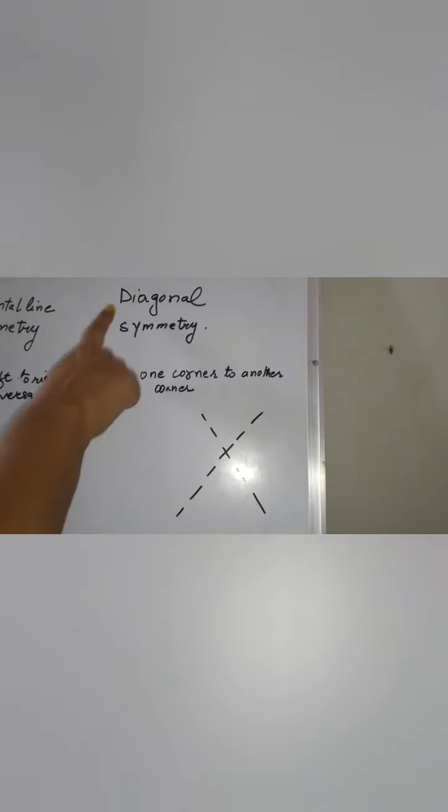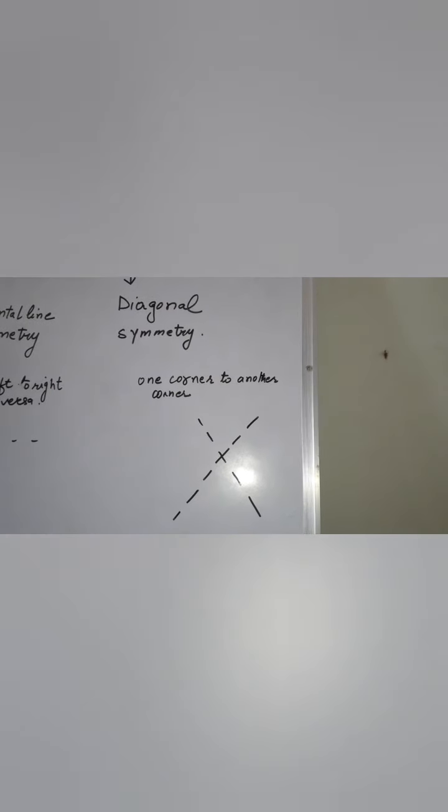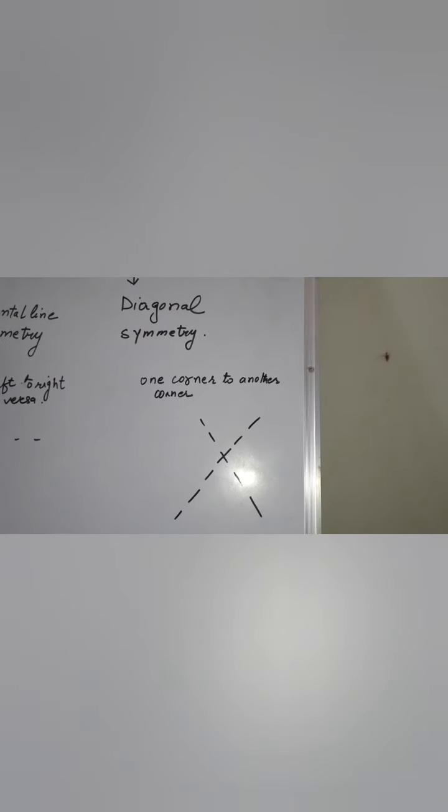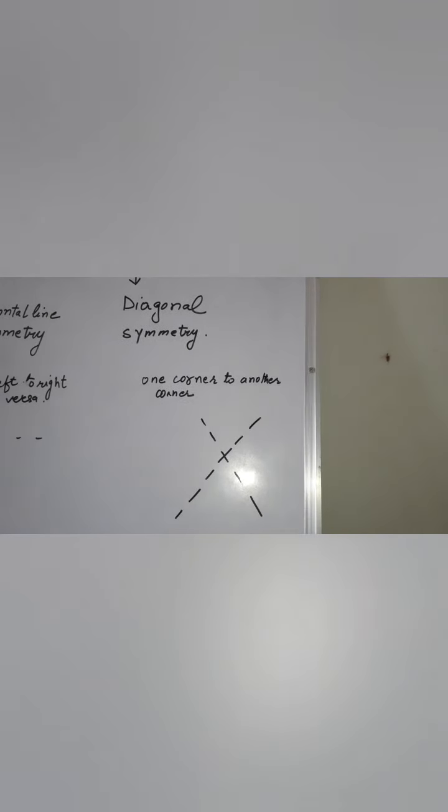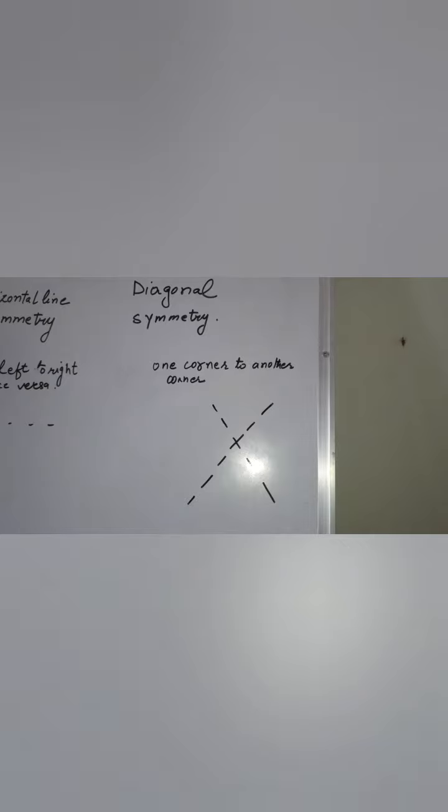Now let us talk about diagonal symmetry. That is, we have to make the line of symmetry from one corner to another corner. If I have this lemon, where will I cut it? Yes, I can cut like this and this, right?